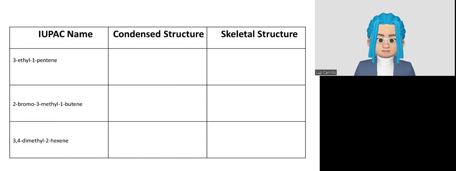Here it says pentene. So pent refers to 5 carbon atoms: 1, 2, 3, 4, 5. This position 1 tells me that my double bond is between carbons 1 and 2.